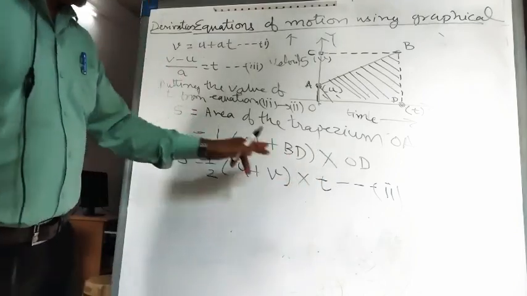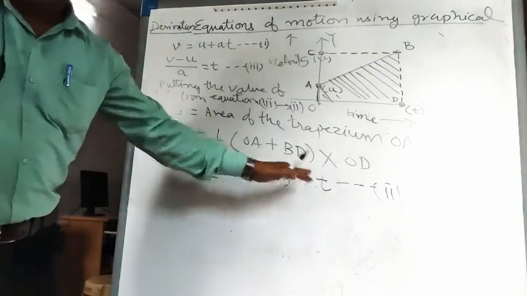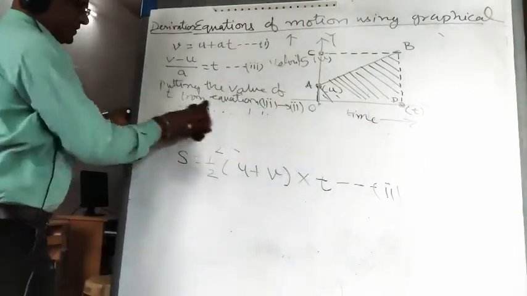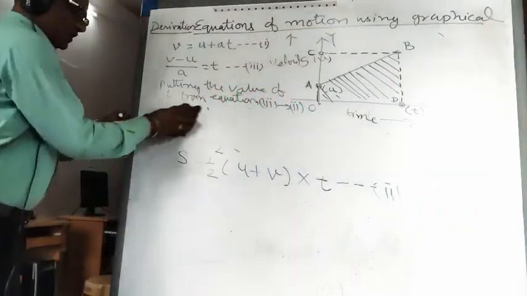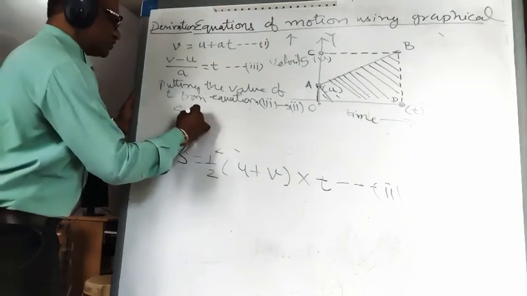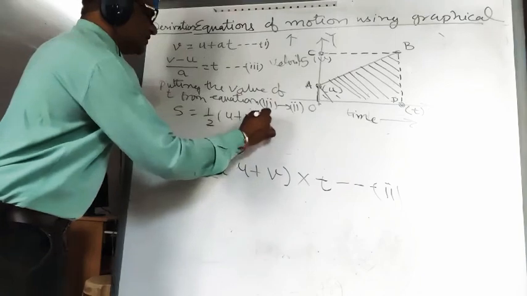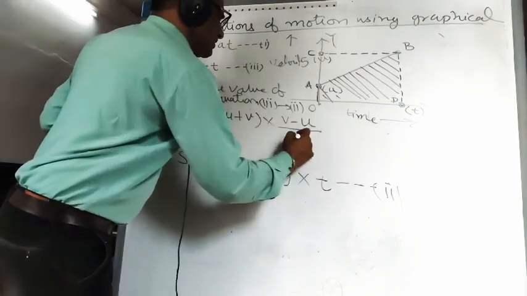I am going to replace t by v minus u upon a. Let us see what is going to happen. Now s is equal to half u plus v multiplied by v minus u upon a.